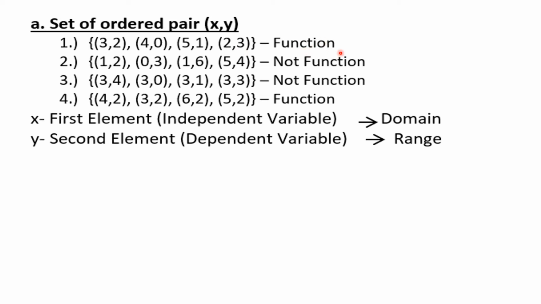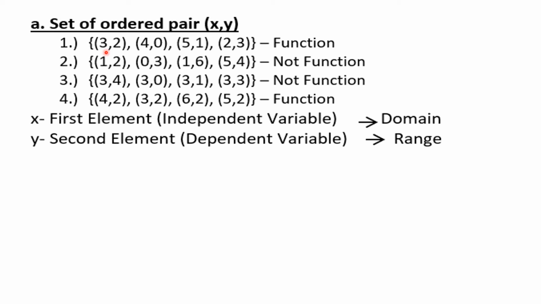Why is it so? Because we have only a unique input for each output. Take a look, it is a one-to-one function because one input has one output.